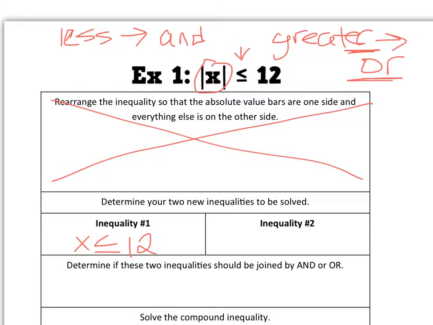The second inequality, you're going to leave the x alone, but you're going to reverse your inequality, so make it a greater than or equal to, and change the sign of the number on the right. So I'm going to have x is less than or equal to 12, and x is greater than or equal to negative 12. Since we started up here with a less than, that means I'm going to combine them with the "and" word.